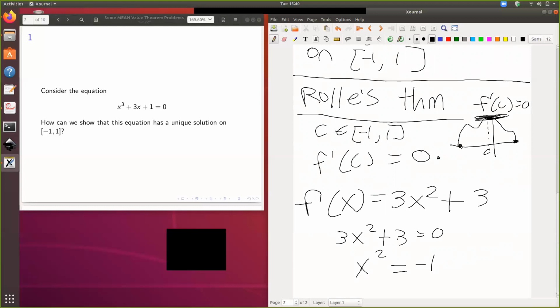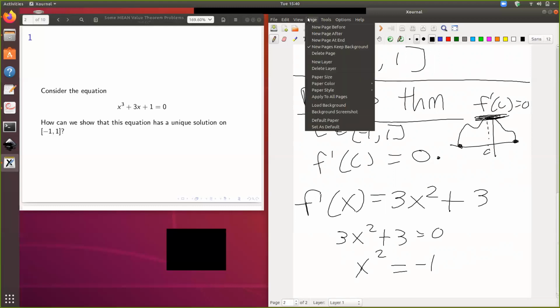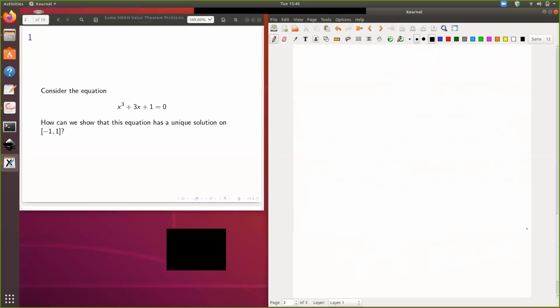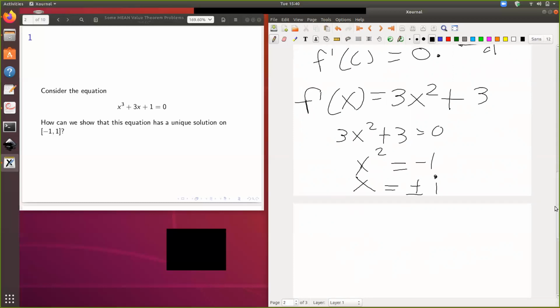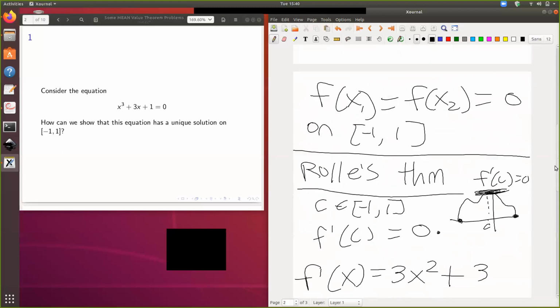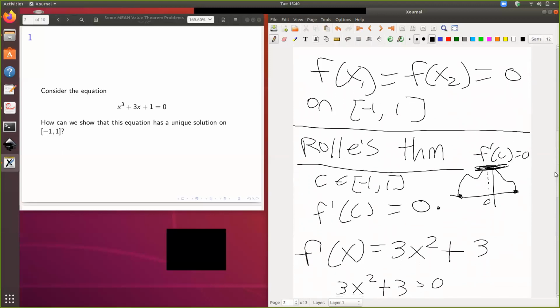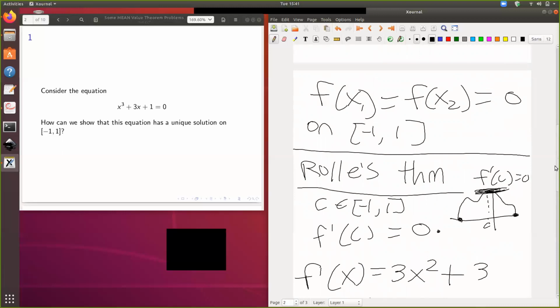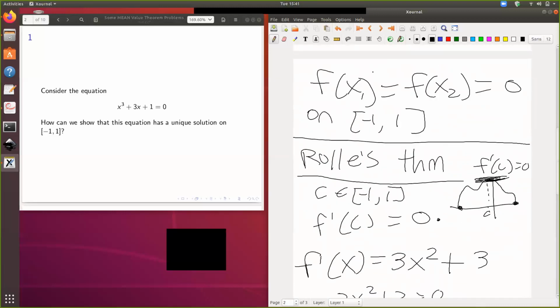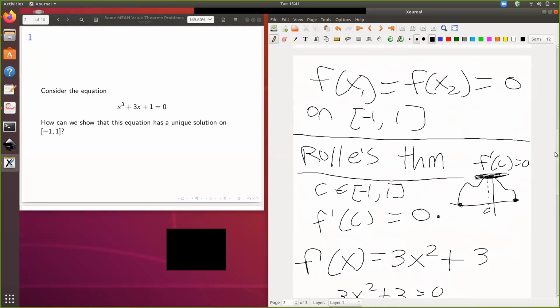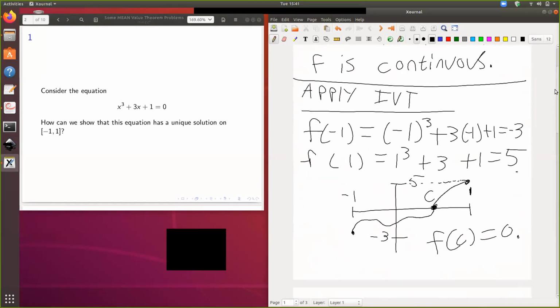I subtracted the 3 and divided by 3. And then we get x equals plus or minus i. And that tells us there is no real solution, so there is no such point where the derivative equals 0. So since we have a contradiction, there can't be more than one. So the solution that we have here from the IVT is unique.